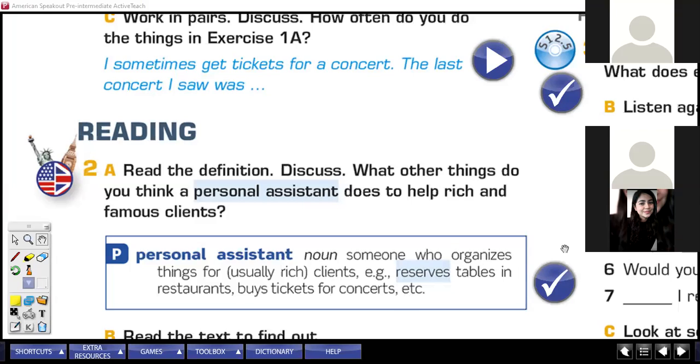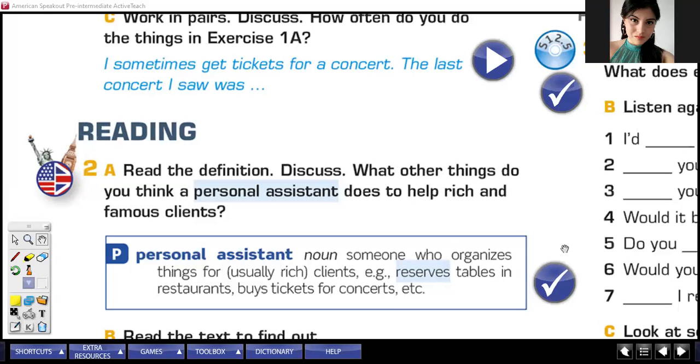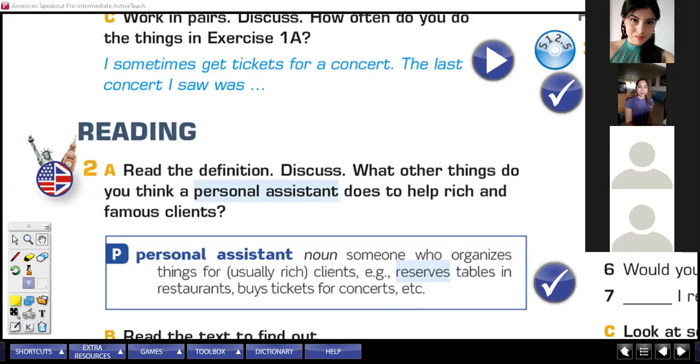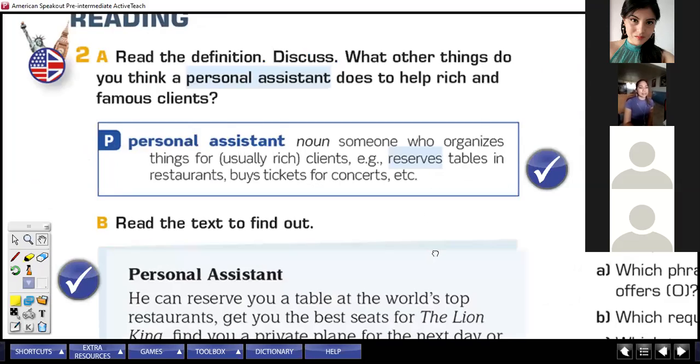Would you like to be a personal assistant? No? Have you watched this movie in Spanish, El Diablo Viste a la Moda? ¿Alguien la vio? Yes. That would be like the personal assistant's worst job. But that is, you need to get everything for your clients.